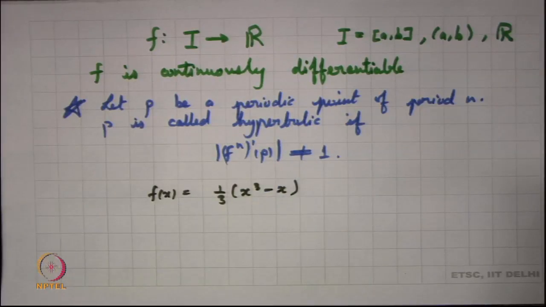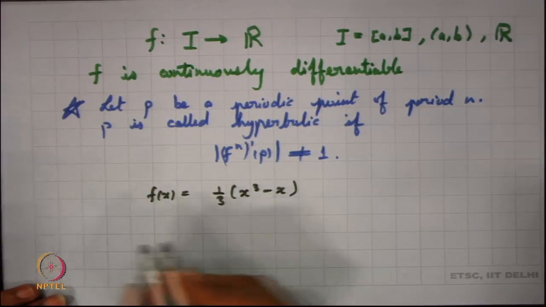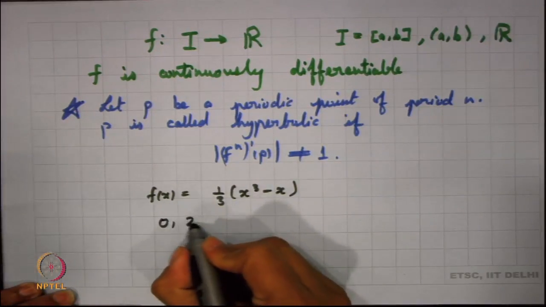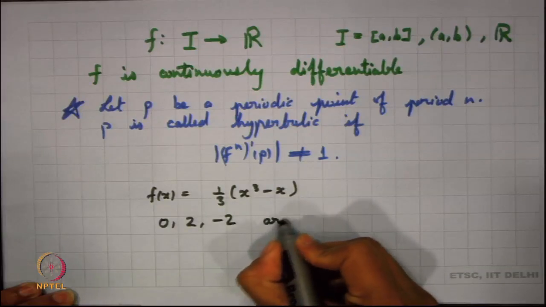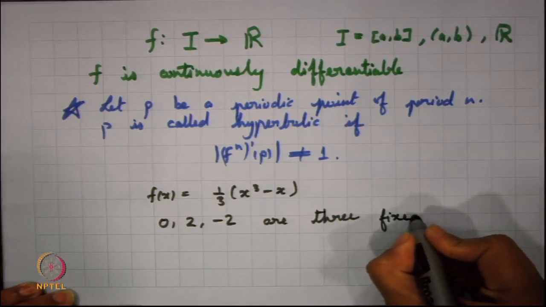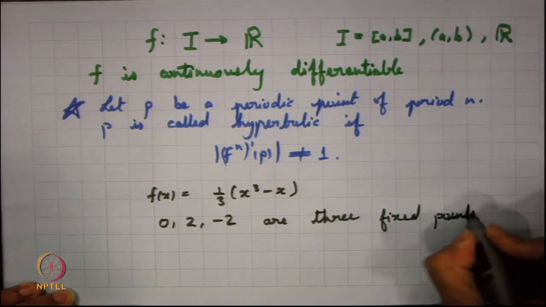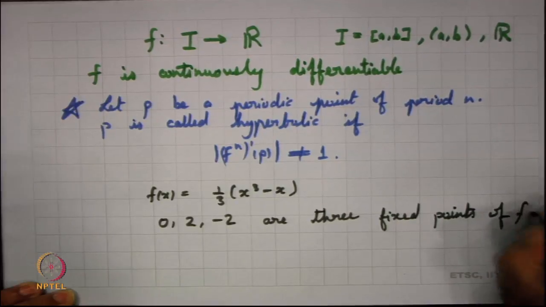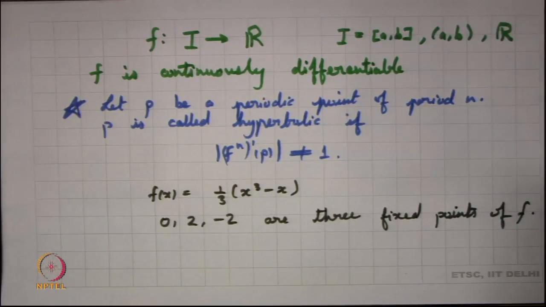All I want to see is that this f will have 3 fixed points, and the 3 fixed points here are 0, 2 and minus 2. Since these are fixed points, that means they are period 1 points. We can try to look into what is the character of these fixed points.